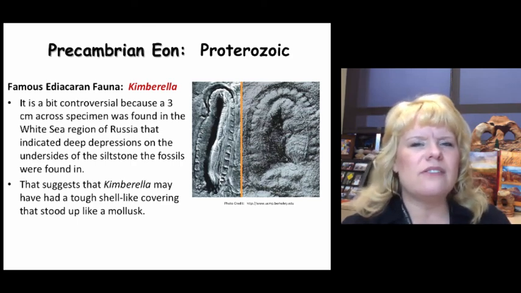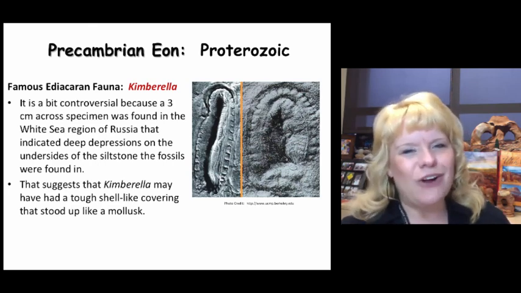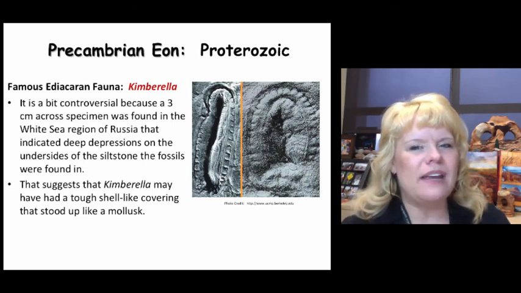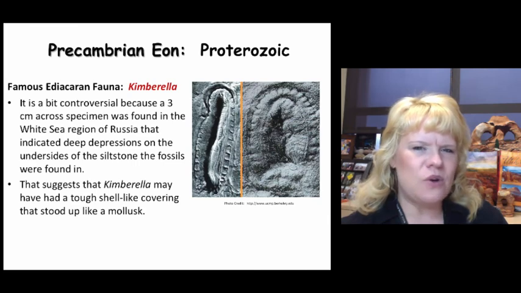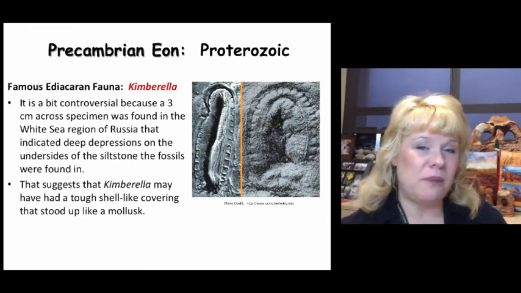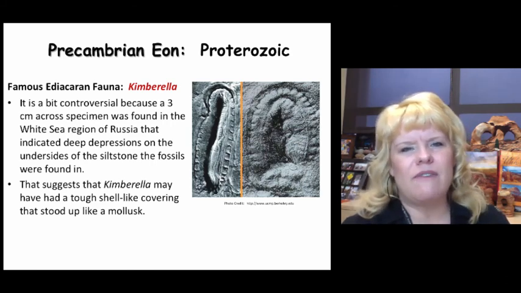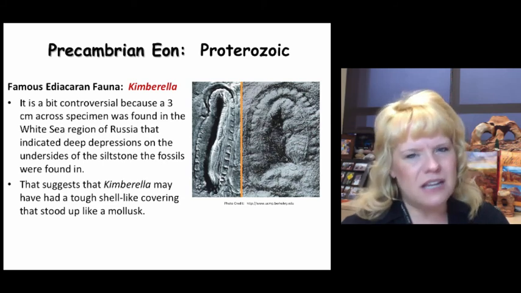So Kimberella is kind of the mystery marker of the Ediacaran fauna. Could it not be something that was hard-bodied? You would think if it was, we'd have a lot more samples of it. So keep that in mind, that this may just be a special fossil that we have, a very special specimen that we have in the rock record. Nevertheless, Kimberella is a famous Ediacaran fauna.